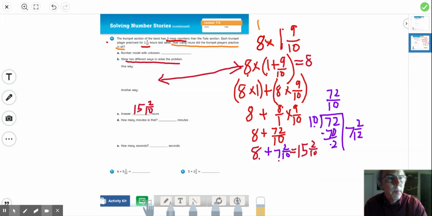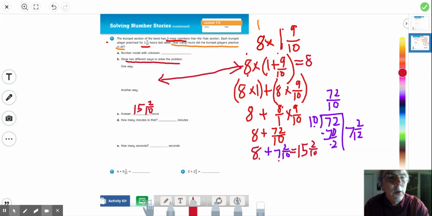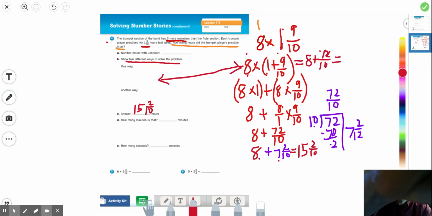So going back to the pen, it's going to be 8 times 9 tenths, which is that 72 over 10. 72 over 10, yuck. Which winds up being, if we do all that work again, 15 and 2 tenths. So that's the one way to show it.